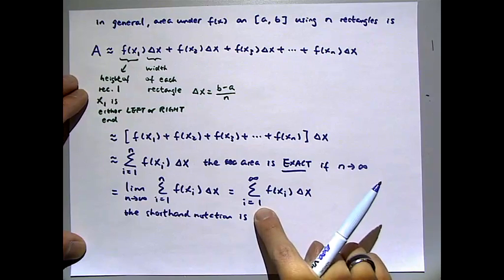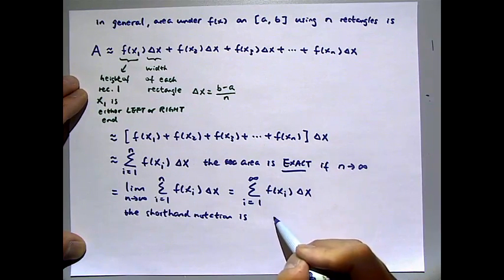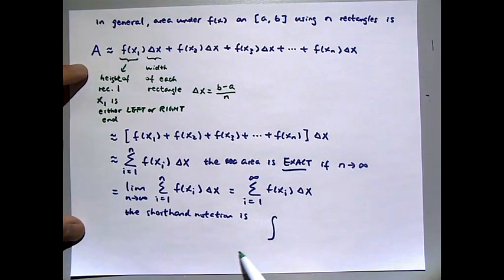Instead of writing this sigma from 1 to infinity, we write out a stretched out letter s. It's the letter s stretched out.